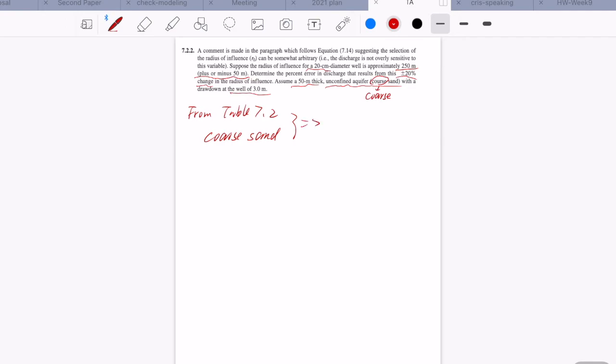So we can determine that the K value is approximately equal to 1 times 10 to the power of -3 meters per second.